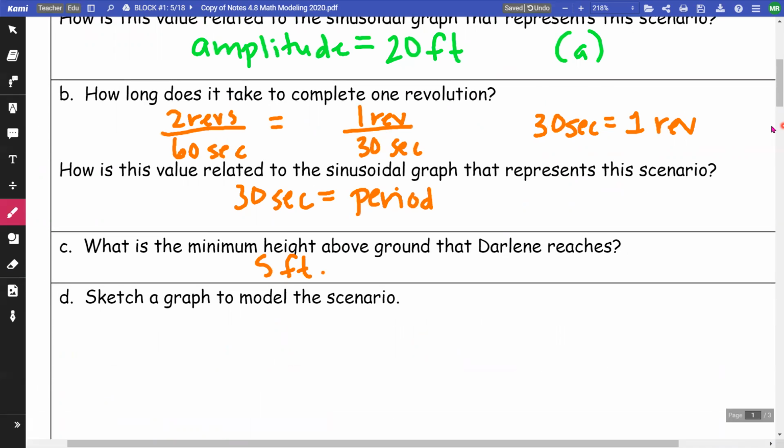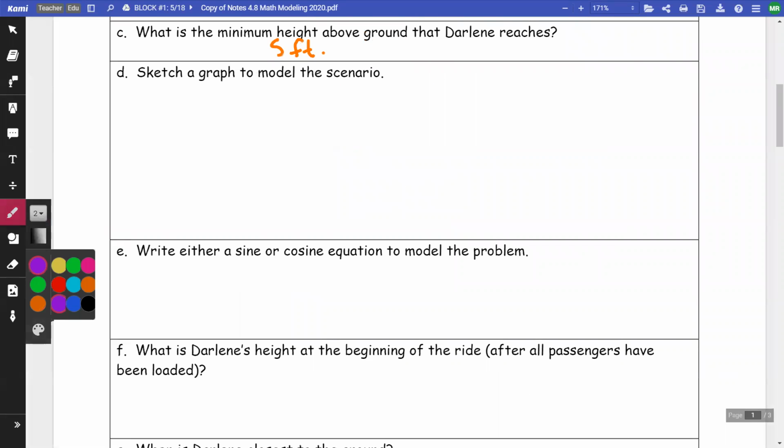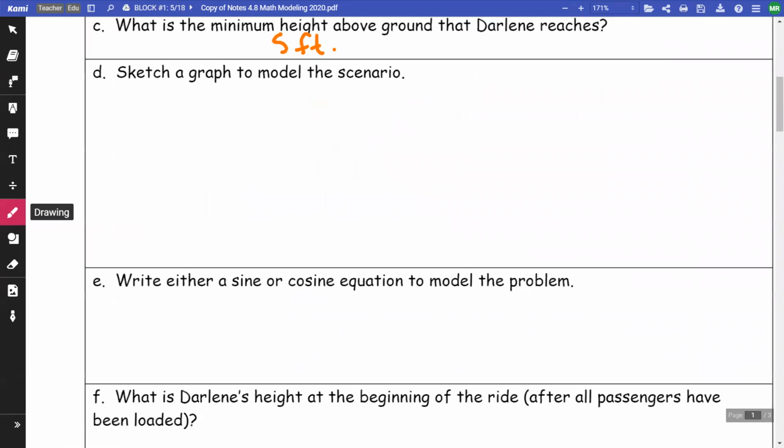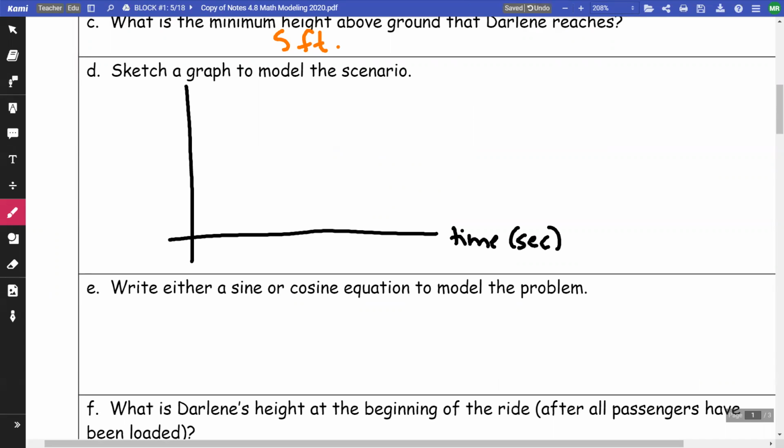Sketch a graph to model this scenario. So we're going to do that. For this one, I am going to do kind of an L-shaped graph. My x-axis is going to be time in seconds. My y-axis is going to be feet above ground.